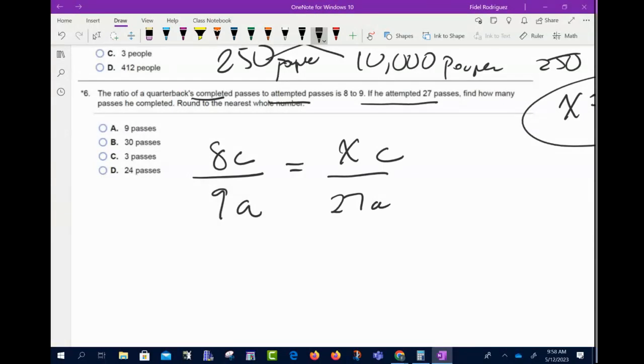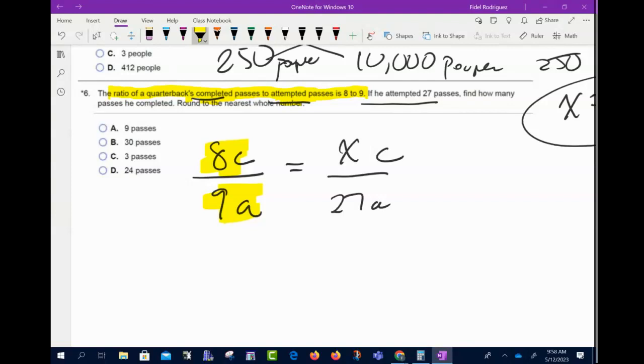And it says round to the nearest whole number. So look what it says. Let's come back right here. The ratio of completed to attempted is 8 to 9. So the first number is completed and the second number is attempted. So he completed 8 passes when he threw 9, right?